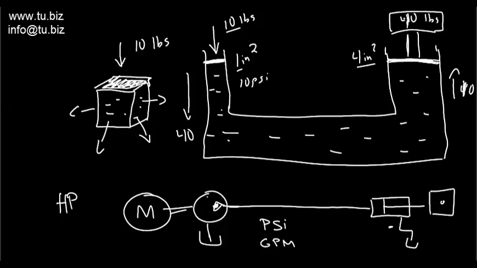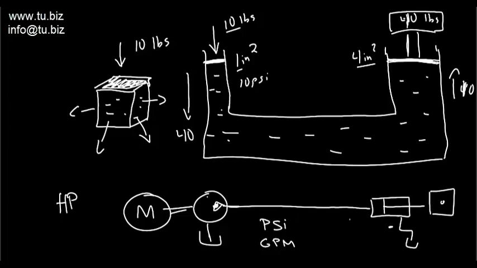And if you have 1,000 pounds, or 10,000 pounds, you may need a bigger cylinder, bigger area, a higher PSI. And depending on the speed that you're going to move it, you're going to need a higher GPM for the pump.